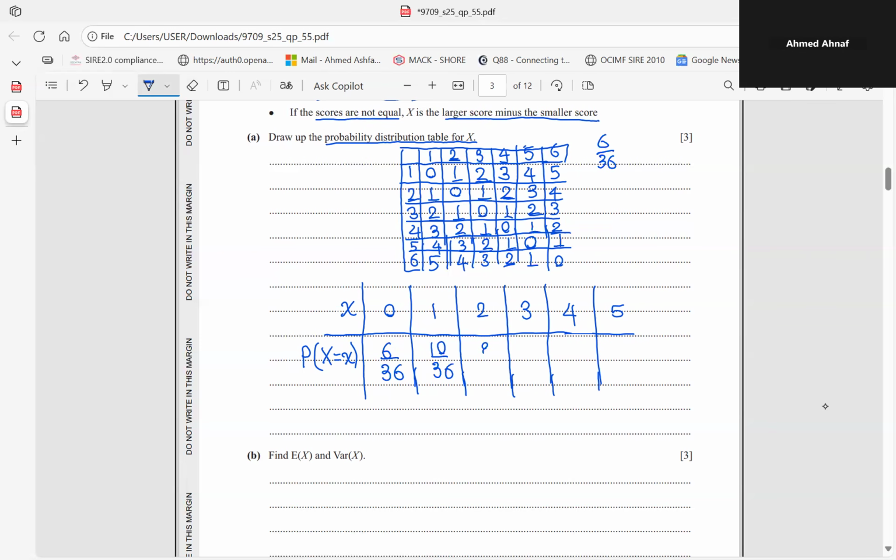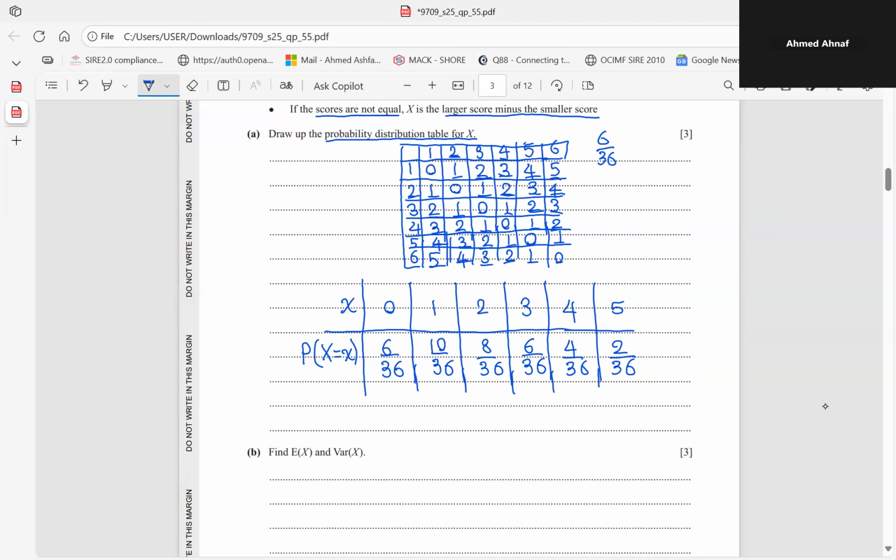So this is 8 over 36. And for 3, there is 1, 2, 3, 4, 5, 6, so there's 6 over 36. And for 4, there is 1, 2, 3, 4. So that's 4 out of 36. And finally, for 5, there's only 2. So that's 2 out of 36.